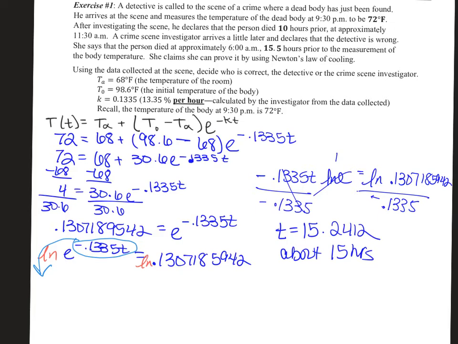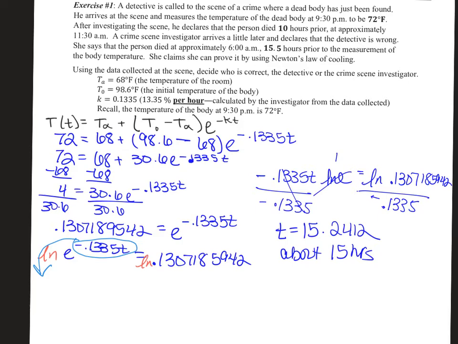Okay. So the question is, who is correct? Was it the detective or was it the crime scene investigator? I'll give you a little hint. The crime scene investigator probably has more technical skills when it comes to this stuff, right? They're trained in that kind of thing.